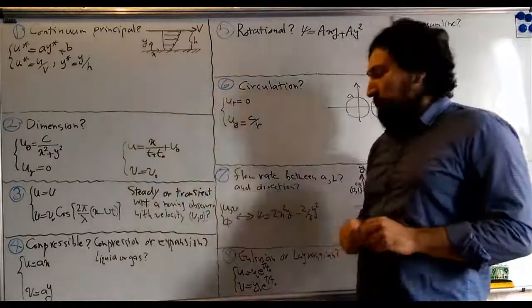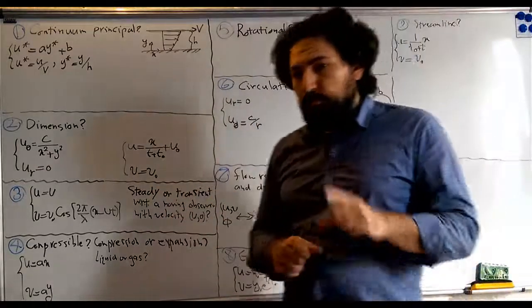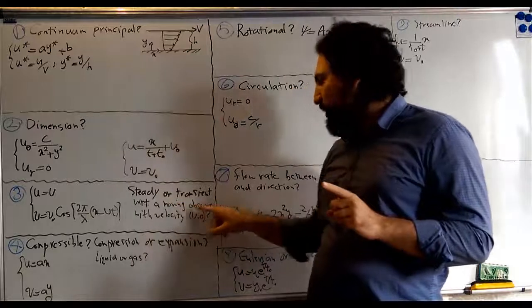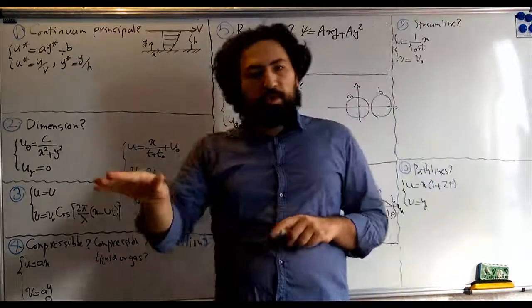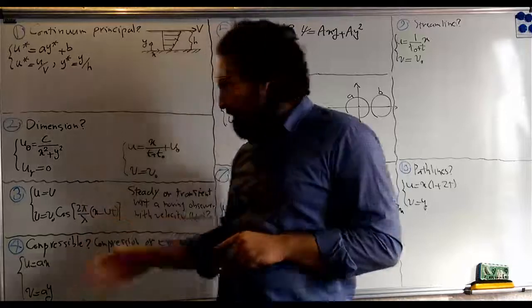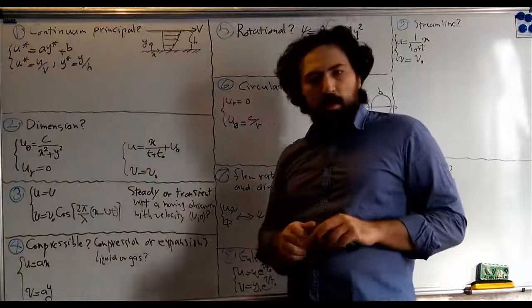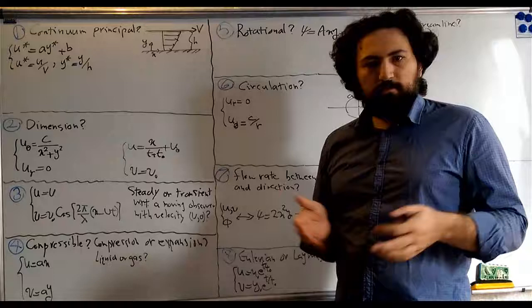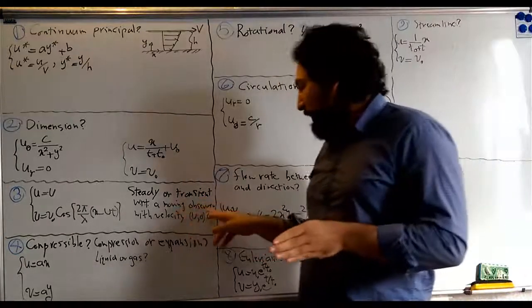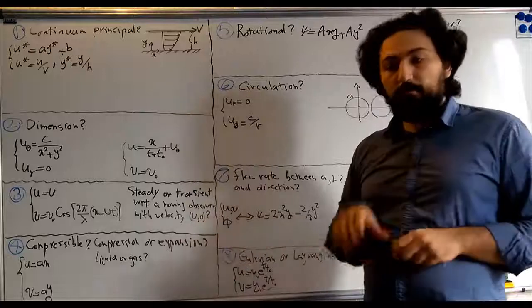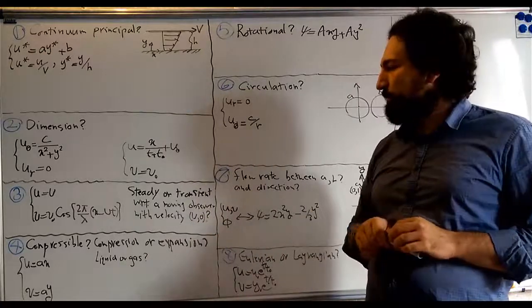Is this velocity field steady or transient with respect to a moving observer with the velocity of u in x direction? Obviously, this velocity field is a function of time, but the question is with respect to a moving observer with the velocity of u in the horizontal direction.